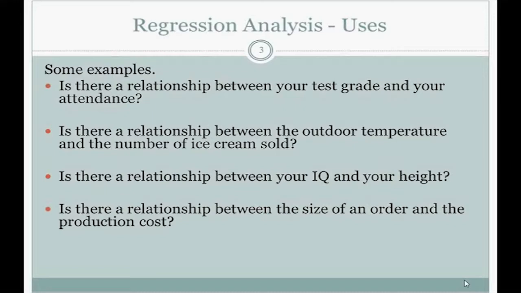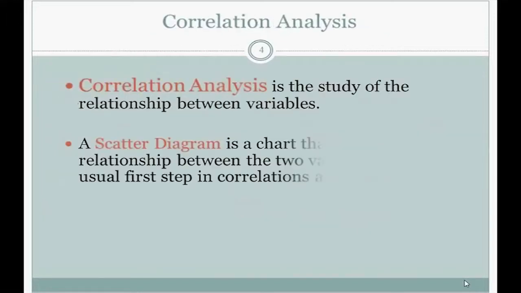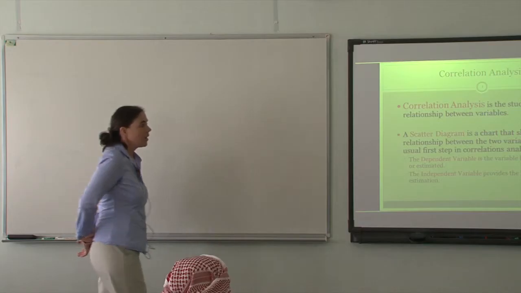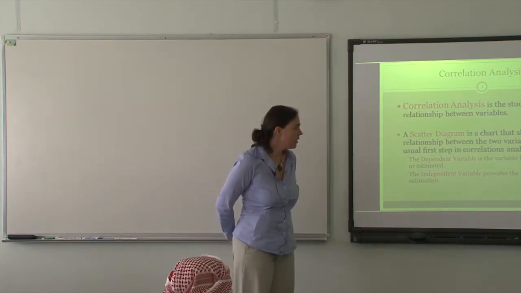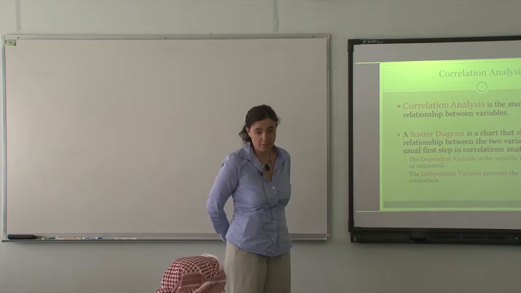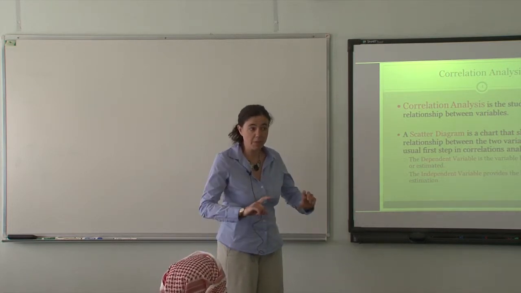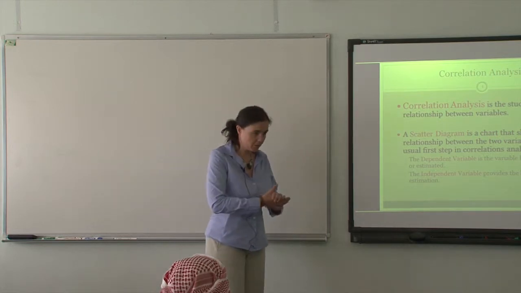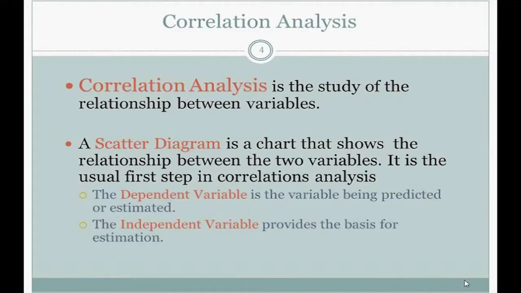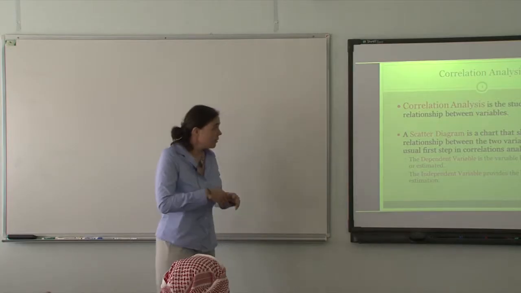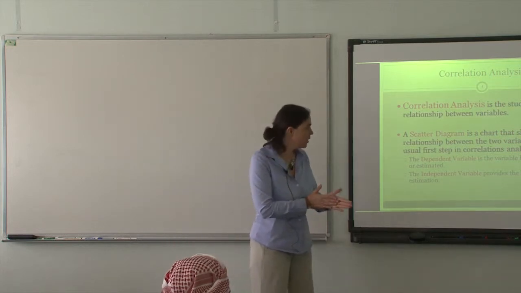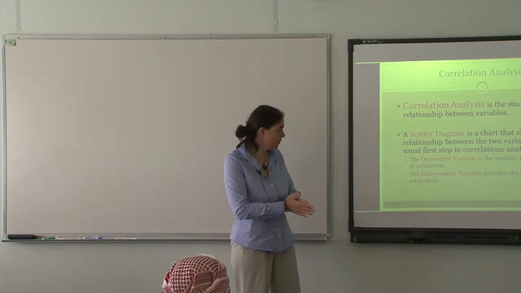As we've seen last time, the first thing you have to start with is a scatter diagram. Scatter diagram means what? You have two variables, we define the two variables, and you plot the points. And we'll see how the points are related to each other. That's the first step we usually do in correlation analysis.